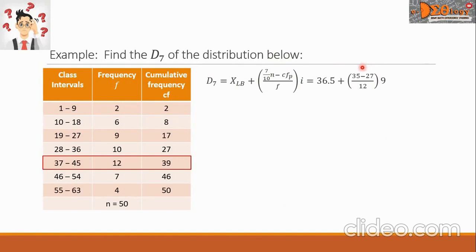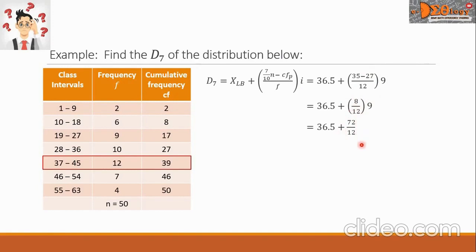Simplifying further, we can take the difference of 35 minus 27. So we have the number 8. Then we multiply 8 by number 9.